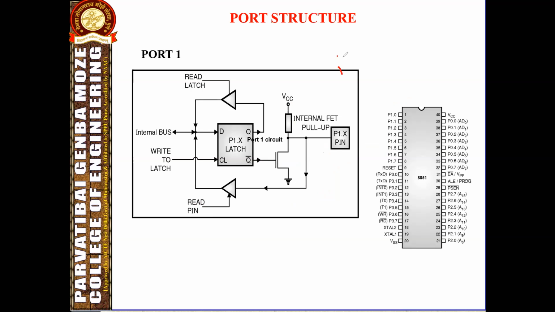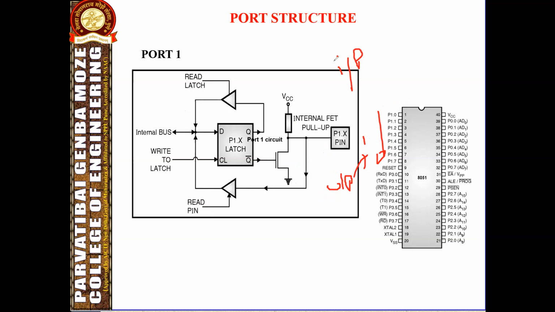For input operation, all the port pins should become high. For output operation, all the port pins should become low. So how do the high and low signals get inside this pin organization? How does the operation take place inside? We have seen here.